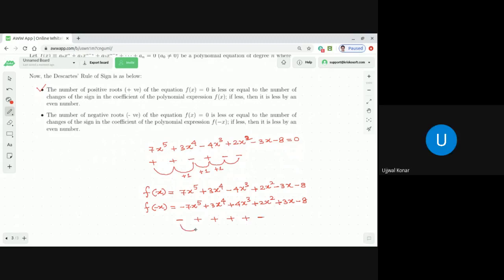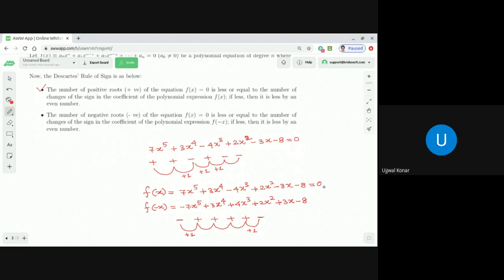So minus to plus, there is a sign change, so plus 1. Plus to plus, no sign change, no sign change, no sign change, then there is a sign change, that is plus 1. So we can say the original equation f(x) equal to 0 can have a maximum of 2 negative roots. Or if it is lesser than that, it should be lesser by an even number.